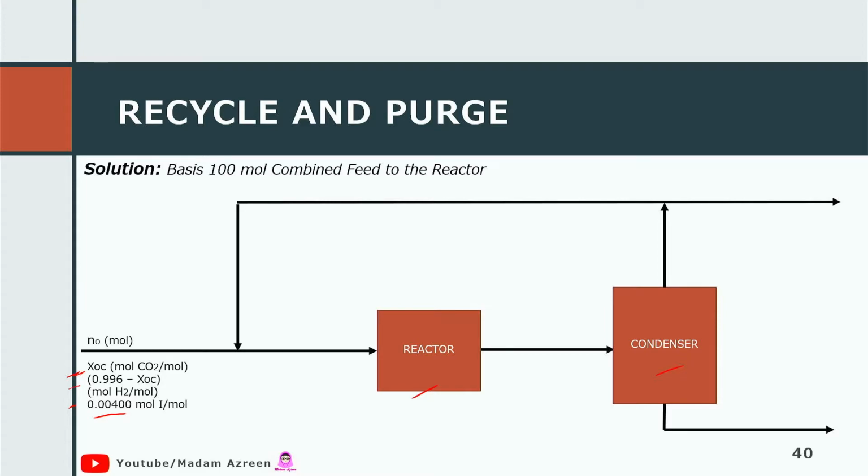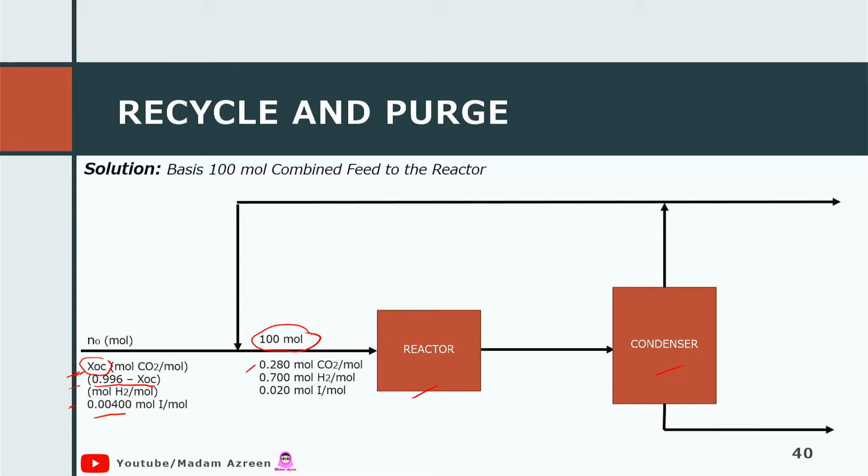Okay. The question only mentioned the composition of inert. Okay. So for the composition of carbon dioxide, we put it as this one, and the remaining would be the composition of H2.